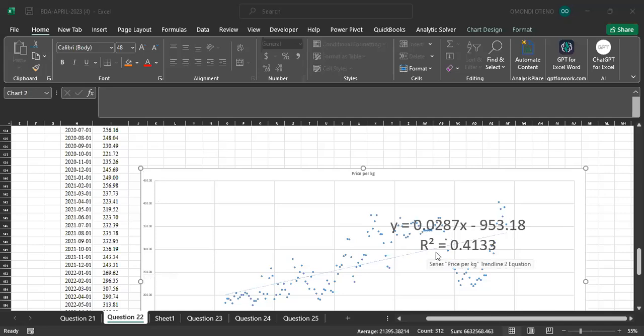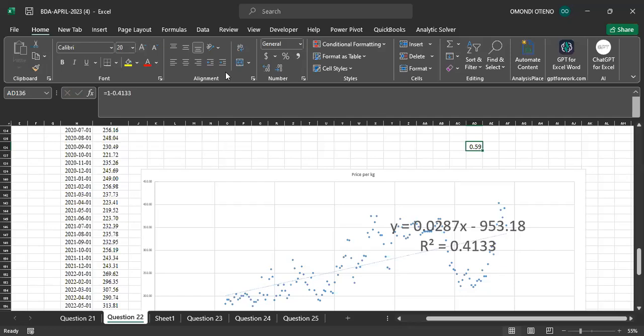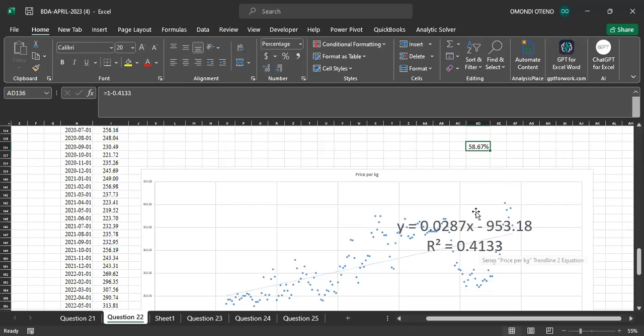So when you are now explaining the value of R squared, you are telling us that 41.33% changes in the selling price are explained or affected by the date. While the other percentage, we are talking about 1 minus 0.4133. Let me make it a huge figure here as a percentage to 2 decimal places.